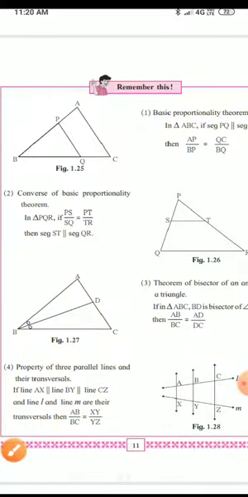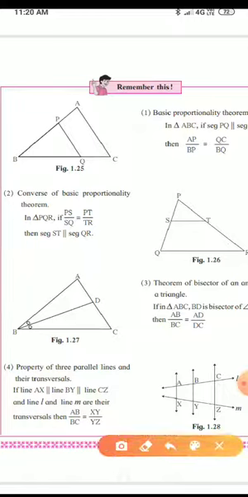And then the third theorem was the property of three parallel lines and their transversals. If there are three parallel lines and two transversals, then the ratio of the segments formed by each transversal is equal.